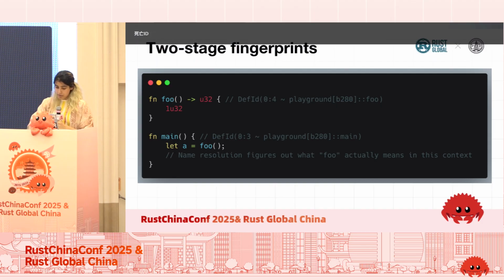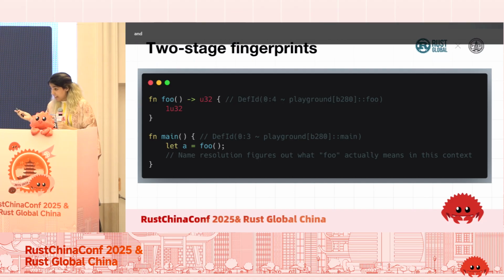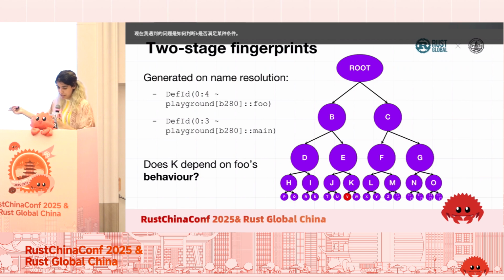Being that definition IDs are calculated on name resolution, we need to see if those hashes that were changed in the dependency were used in the dependent. So the problem at hand now is to come up with a way to know if K in our crate tree depends on one of the modified items on V, even indirectly.